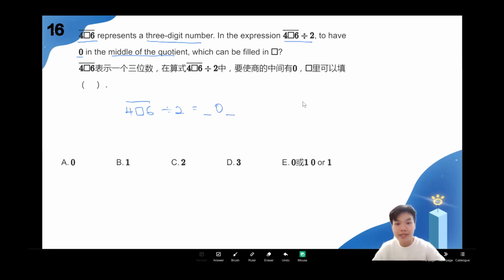We can write the expression down. 2 times 2 equals 4. And in order for the middle of the quotient to be 0, this square right here must be a number that is smaller than the divisor, which means it must be 0 or 1. Therefore, the answer is E.